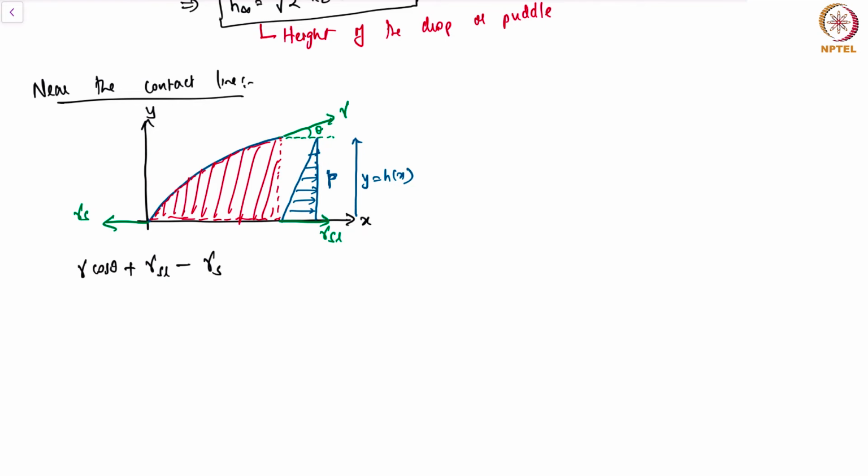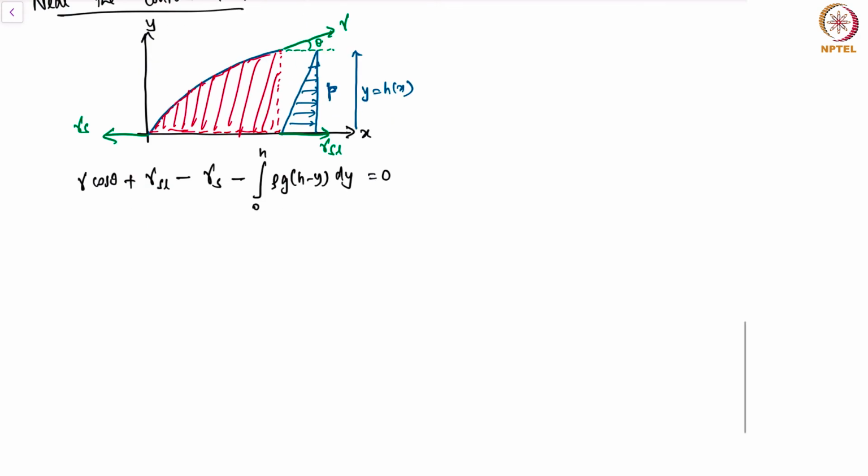I have minus integral 0 to h rho g into h minus y dy, and if I do the simplification I simply get gamma cos theta plus gamma solid liquid minus gamma s is rho g h square by 2.